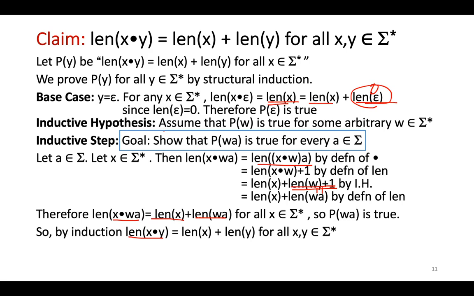So we have these two settings, and then the ranks of X concatenate WA. By the definition of this concatenation, we can rewrite it like this, and A is the character, so this is a single character. The length will be 1.